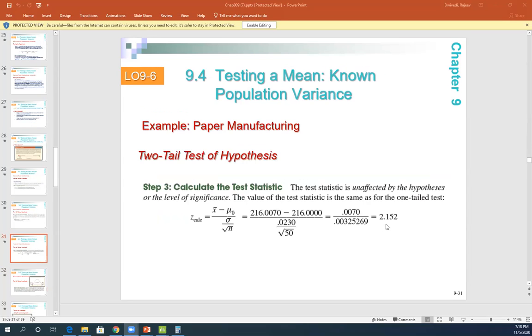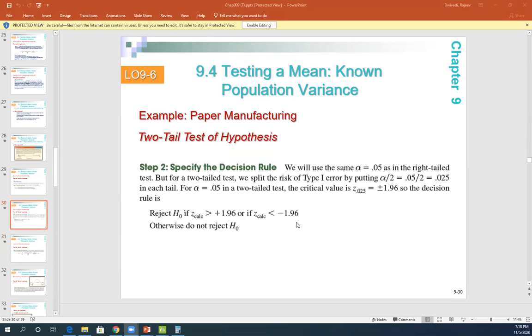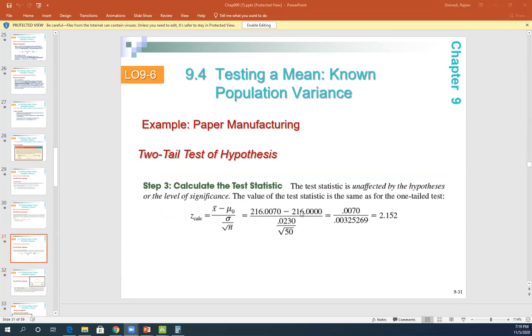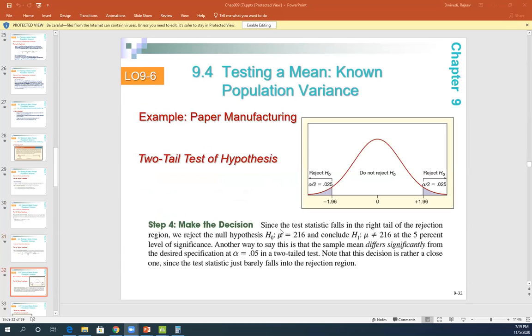See where the calculation is coming, 2.152. It is again going out of the range, because minus 1.96 and plus 1.96. And therefore, you can conclude that at 5% this falls in the rejection region. Therefore, we can conclude it is not equal to 216.